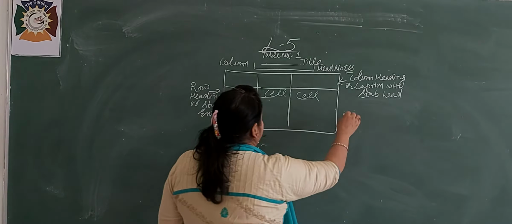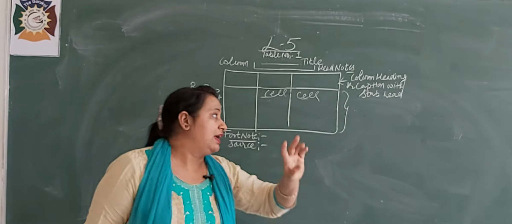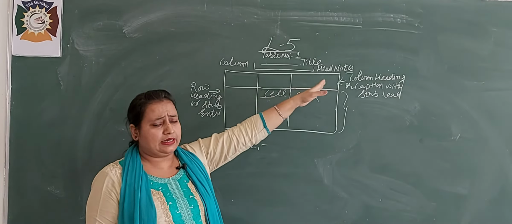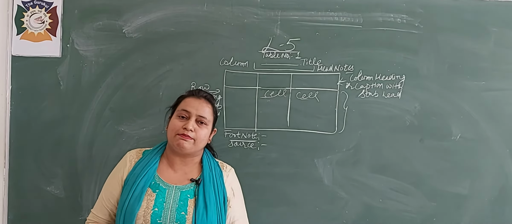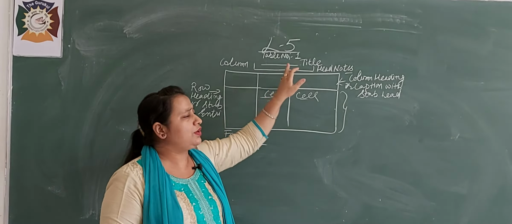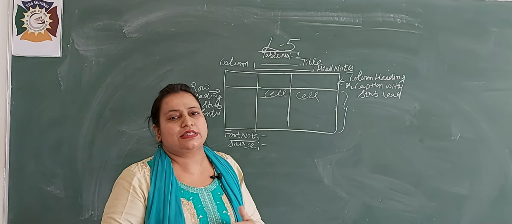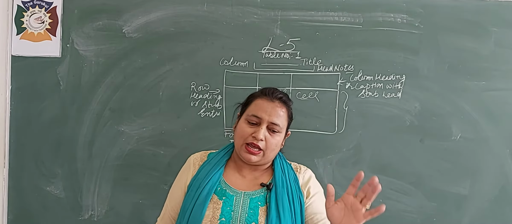You will keep this in your mind. Firstly, the table number. Second, the title, which will be given in bold letters and should be clear and simple. If it doesn't give complete information, you will write the head note, in units like lakhs, tons, etc. Then stub and caption.